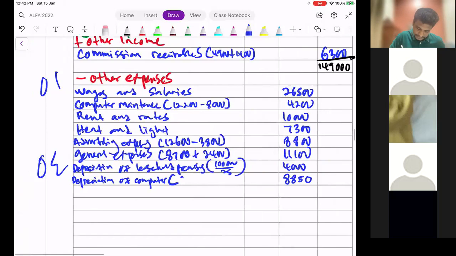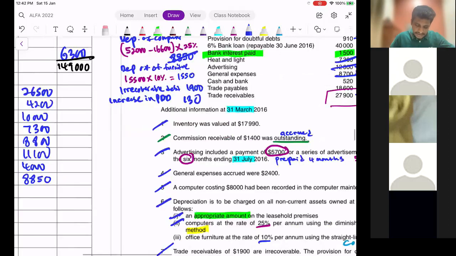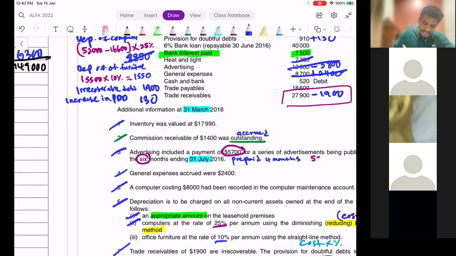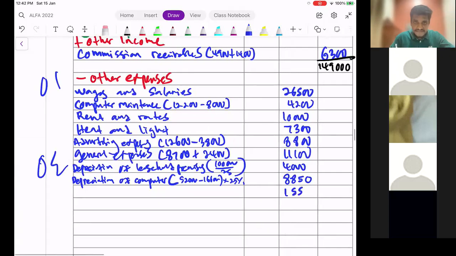52,000 minus 16,600 times 25%. After that, we have another one, depreciation of the furniture, 1,550.